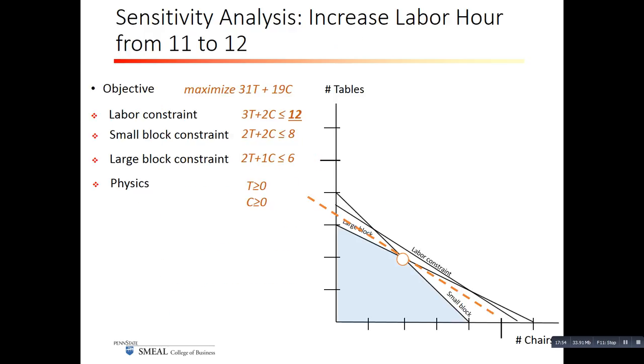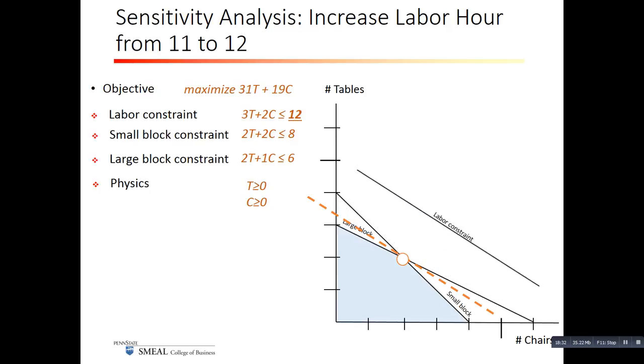For example, the first sensitivity analysis is to increase the resource amount we have in terms of labor hours. For example, you hire additional part-time workers. What's the value of that additional labor? As you see, the labor constraint originally is 11. If you increase it to 12, then the labor constraint would move upwards, because now you have more resources and a larger feasible region.